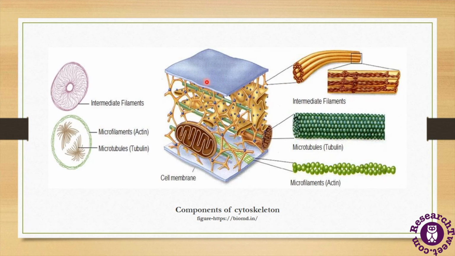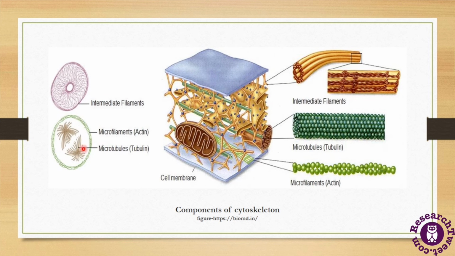These green hollow tubes resemble a tubular structure, and these structures are microtubules, which are made up of tubulin monomers. Here these filamentous structures are the thinnest filamentous structures of the cytoskeleton, named microfilaments, and these microfilaments are made up of actin monomers.